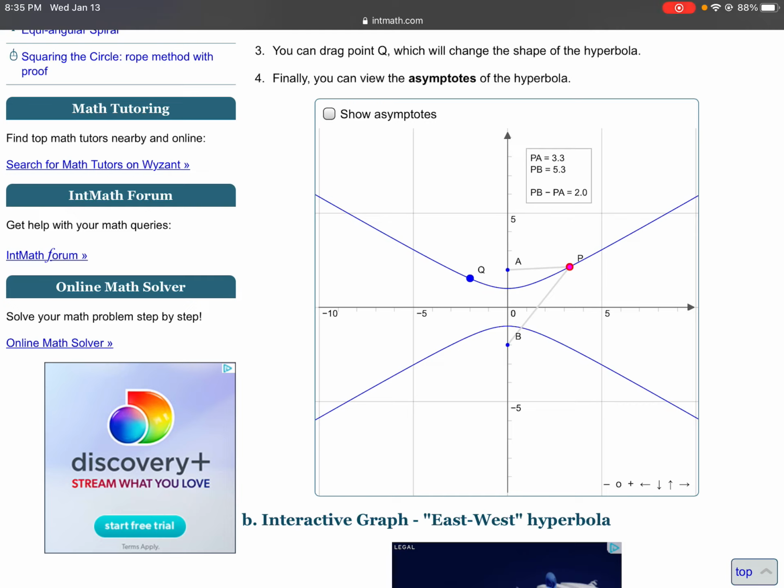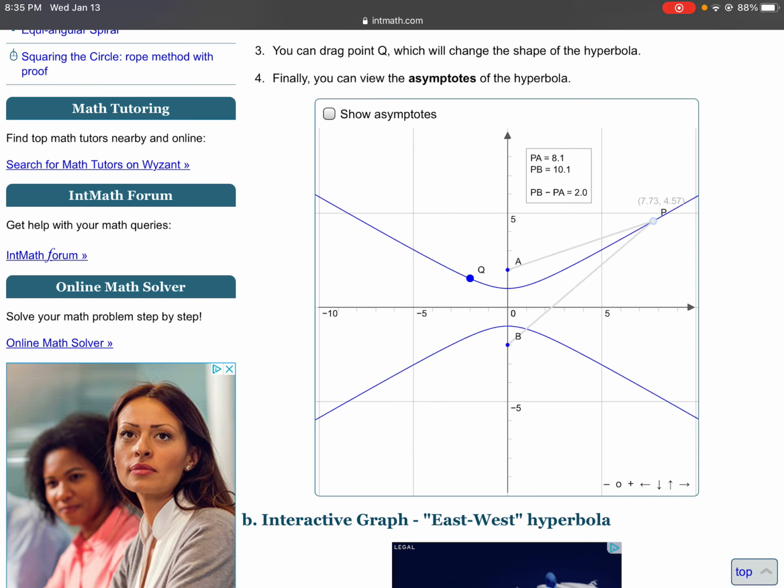And no matter where I move this point, even though the distances between the point and A and B are going to change, notice that the difference of those line segments is always remaining a 2. And you can see that right there with PB minus PA.